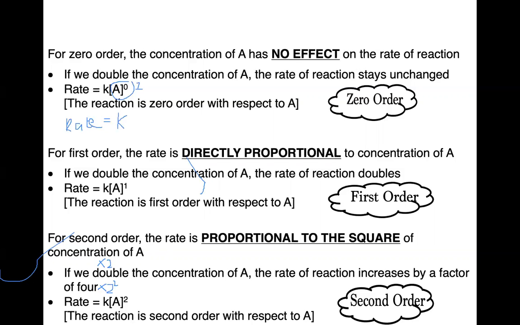It means that whatever change you make to the concentration, the rate will change by the square of that change. This is the same effect if you were to decrease the concentration: if you decrease the concentration, the rate will also decrease; if you increase the concentration, the rate will increase.